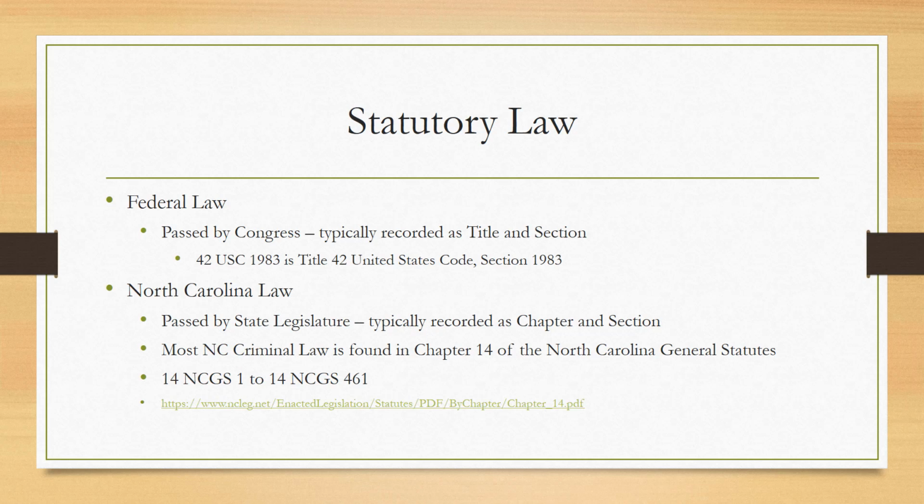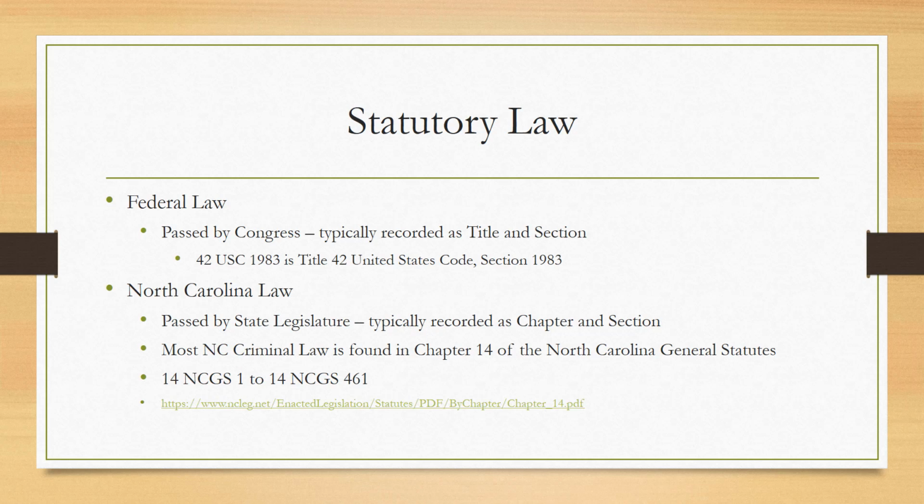North Carolina law is, again, passed by the legislature. We use the term chapter, not title. So it's 14 North Carolina General Statutes, or sometimes you see GS, General Statutes, and then it gives a number like 1, 2, 3, all the way up to 461. Most North Carolina criminal law is found in Chapter 14 of the North Carolina General Statutes.